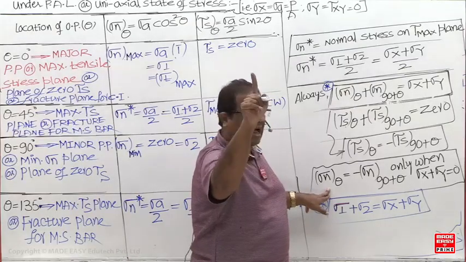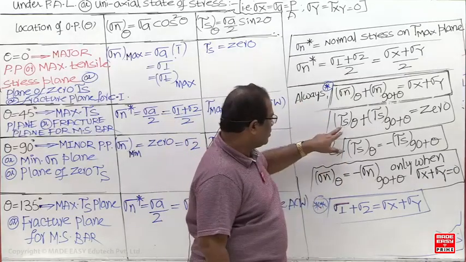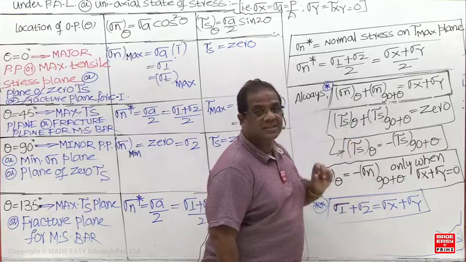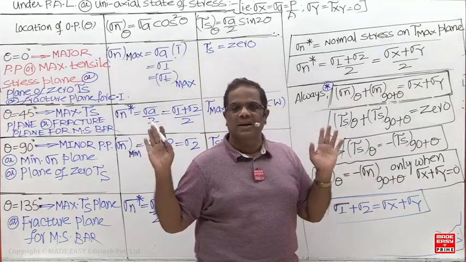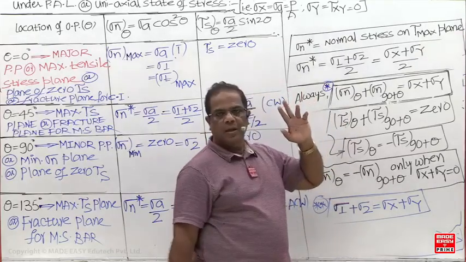But they are equal and unlike only when sigma x plus sigma y is 0. But what about the sum of the shear stresses now? Sum of the shear stresses on two complementary planes is always 0. Here there is no condition.